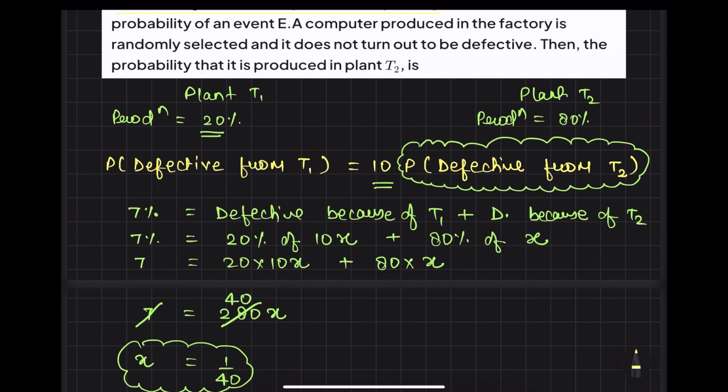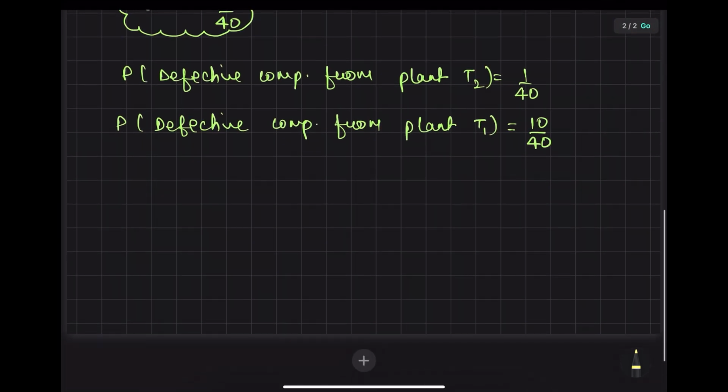Now you are coming back to check whether it is from T1 or T2. Coming back means it is Bayes theorem. Now look at how I will handle this situation.